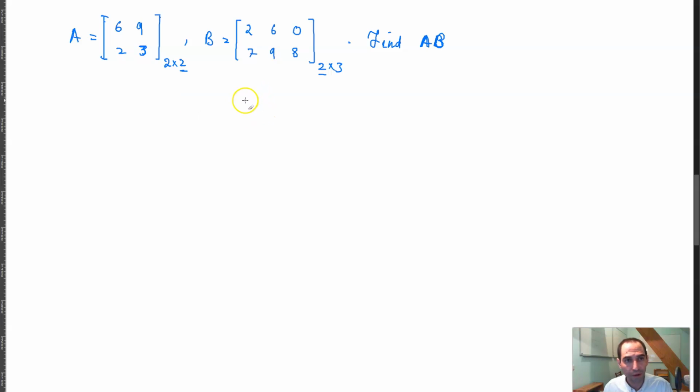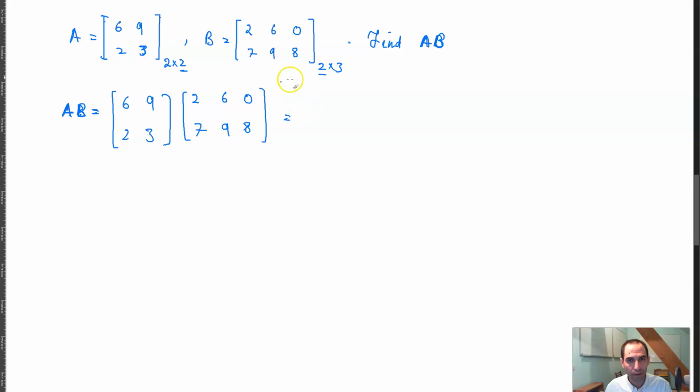Since AB is defined, you can write AB is equal to the first matrix 6, 9, 2, 3, times 2, 6, 0, 7, 9, 8.